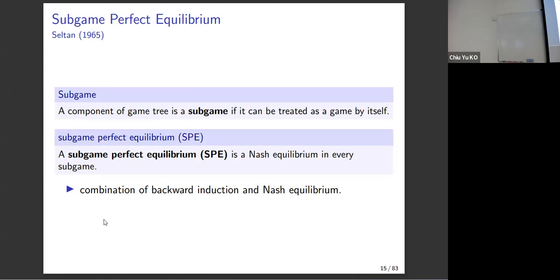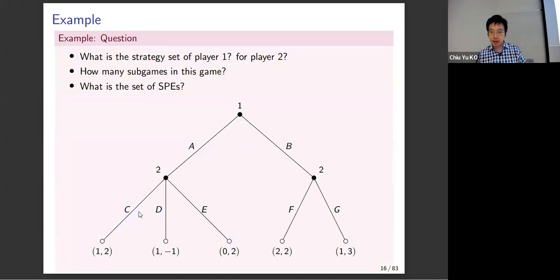Basically, we solve the game by looking at the very end, looking at what people would do, and going backward. Of course, it assumes very strong rationality. We have to see through to the end of the world and come back to what is to be done. But as long as people are smart enough, this is our prediction. So that is called subgame perfect.